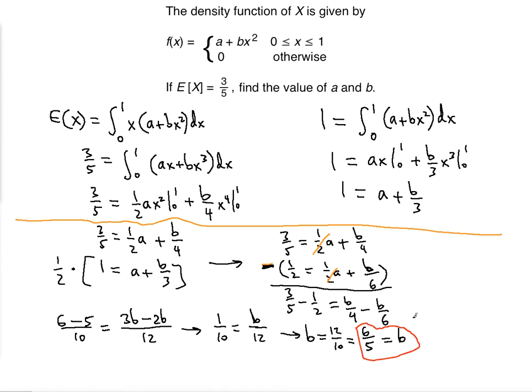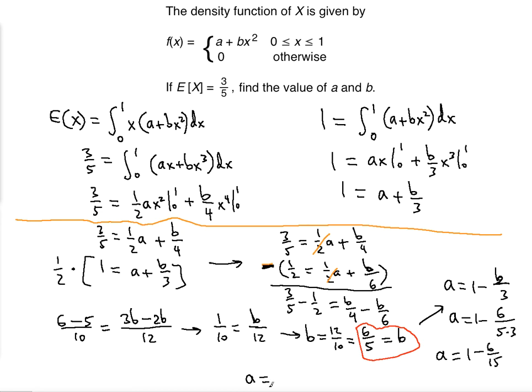So now we need to solve for a using this equation, 1 is equal to a plus b over 3. Let's rewrite and isolate a in terms of b, so a is equal to 1 minus b over 3. I just rewrote this equation so that a is by itself. So a is equal to 1 minus 6 over 5, and the 5 will multiply this 3, so a is equal to 1 minus 6 over 15.